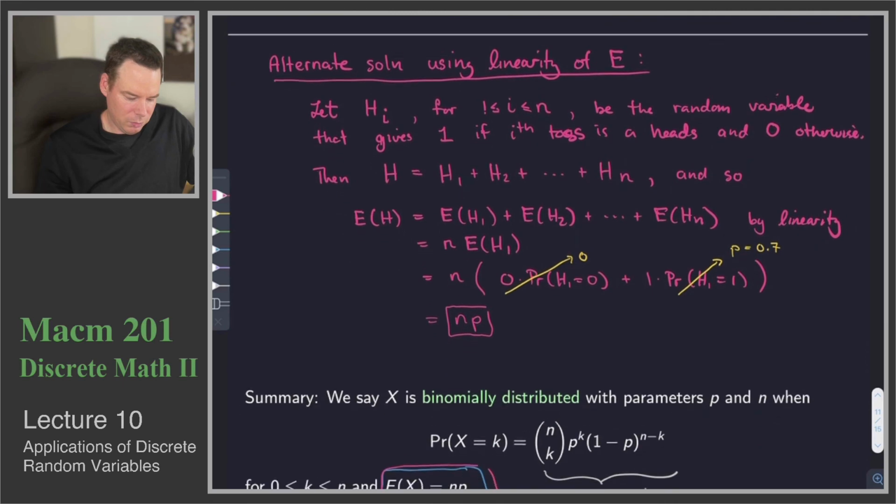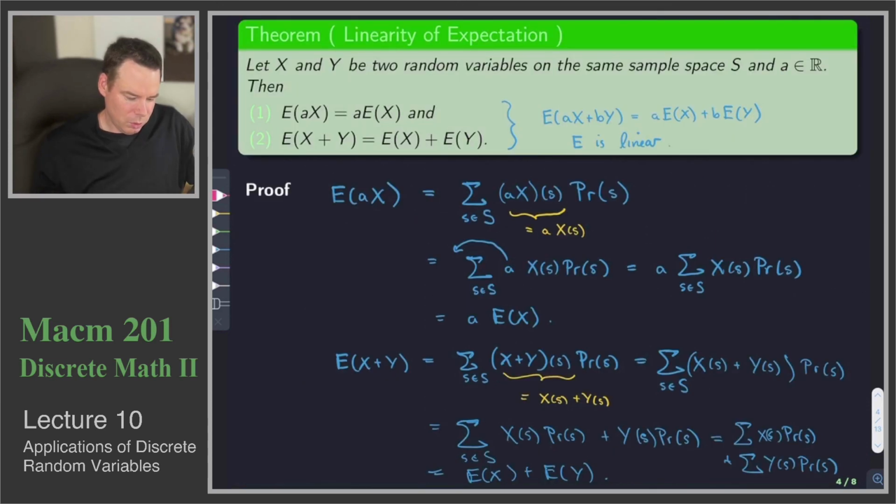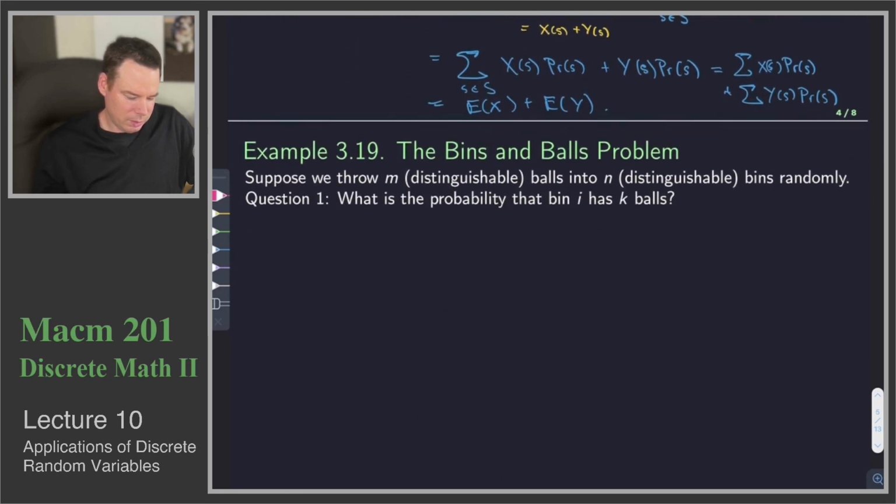On the other hand, if we use linearity and break h down into smaller random variables that are simpler to deal with, then we get it in a much more straightforward fashion. But we get the same result. So that in essence shows the power of using linearity of e. So we're going to use the fact that e is linear in these next two examples as well.